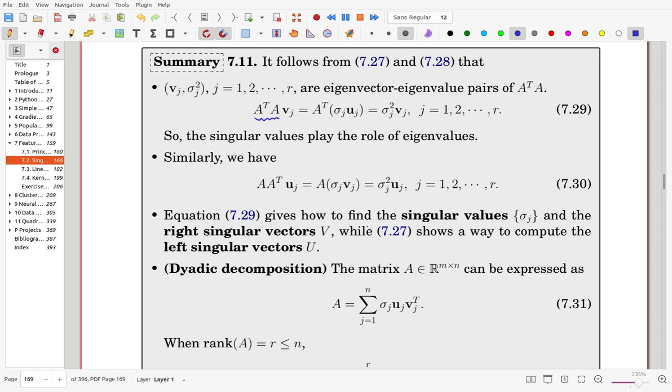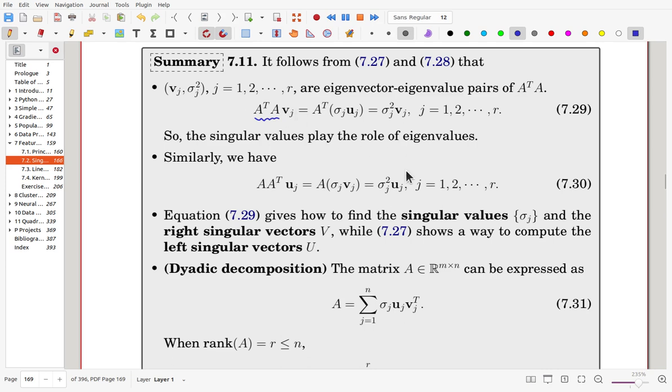Now, okay, so by finding eigenvalues and eigenvectors, in fact, the singular values and the V vectors, the right singular vectors, can be found.